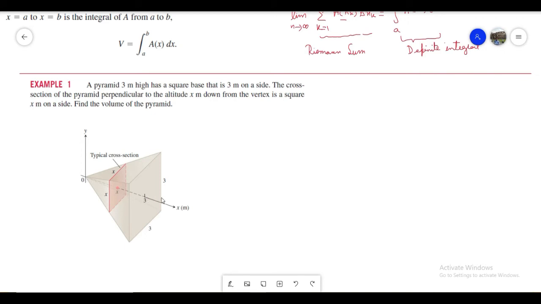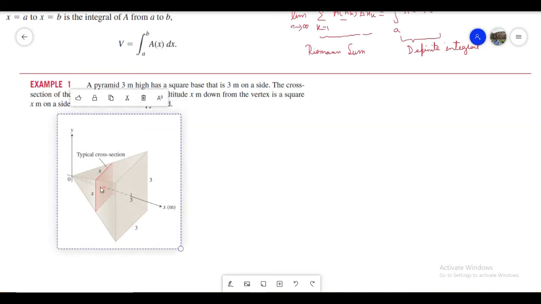The cross section of the pyramid is perpendicular to the altitude, represented by this x. This is the typical cross section, basically the plane that is cutting the pyramid. Of course all the sides are the same, and this has the side x.